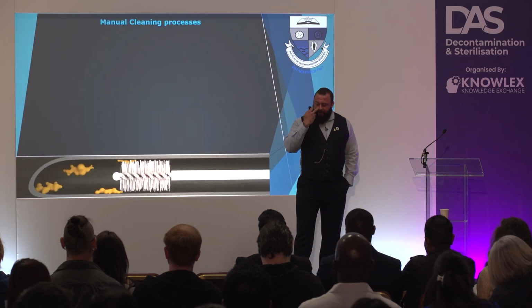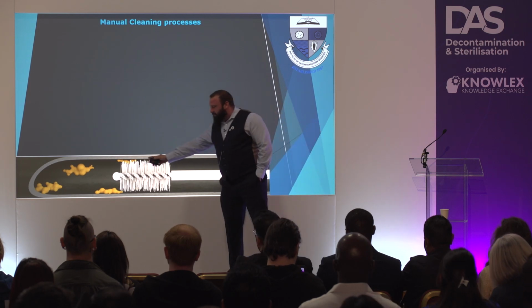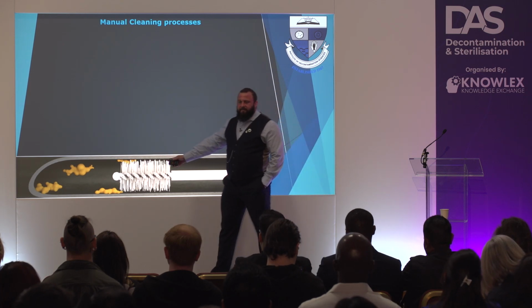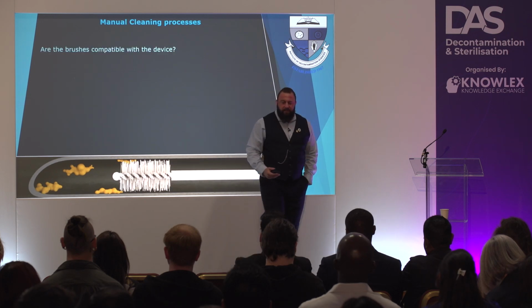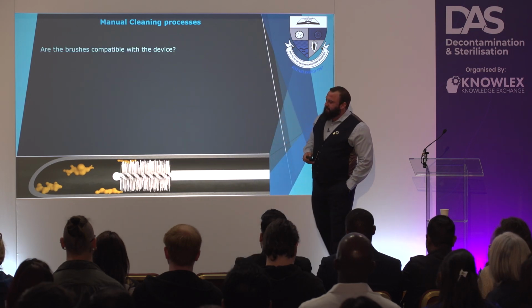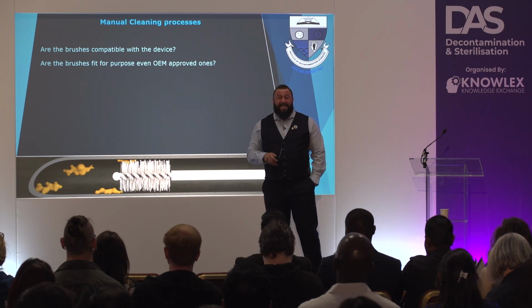So with the manual cleaning processes, the brushes are the big thing. I like this diagram because it shows part of the issue that we have, because sometimes you might not have brushes that fully cover the channel. So are the brushes compatible with the device? Are the brushes fit for purpose, even the OEM ones?